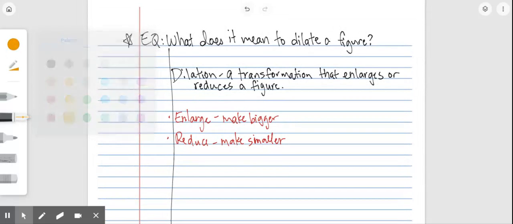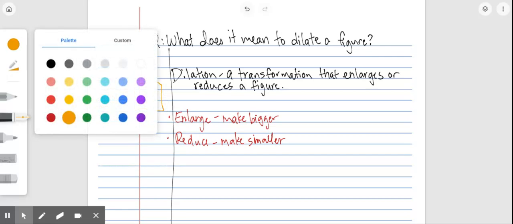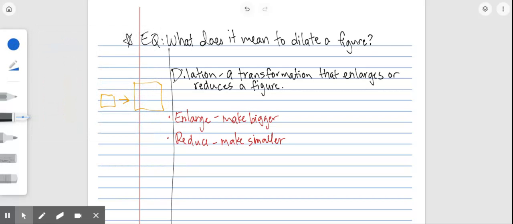So an example of a dilation is if I've got, let's say, a square, and I'm going to enlarge that square by making it that much bigger. Another example of a dilation is, let's say you have a circle, and you want to reduce that circle by making it smaller. Okay. These are ways that you can dilate, by enlarging and reducing.